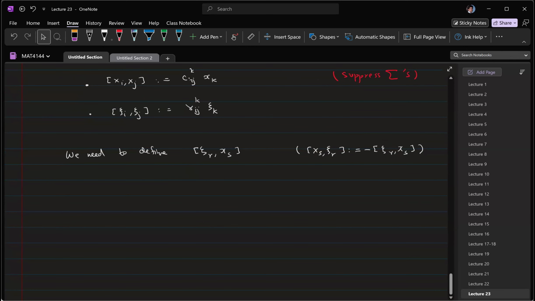So let's start with the following relation. From the invariance, I can write the pairing of the bracket of CR and XS with CT. This is the Lie bracket of CR, as an element of G plus G star, with XS, and it should be equal to minus the pairing of XS with the bracket of CR and CT.